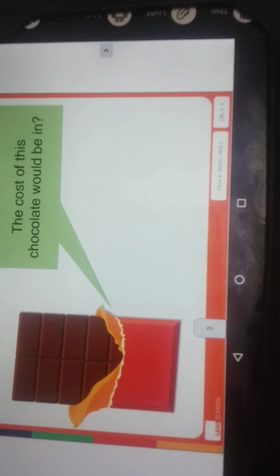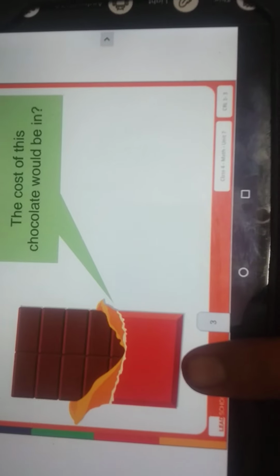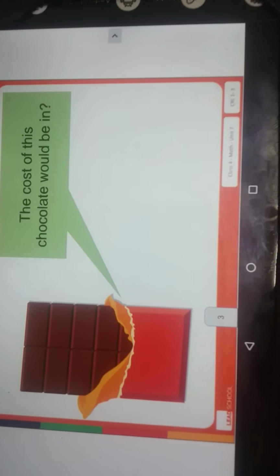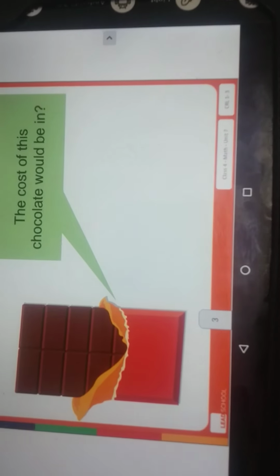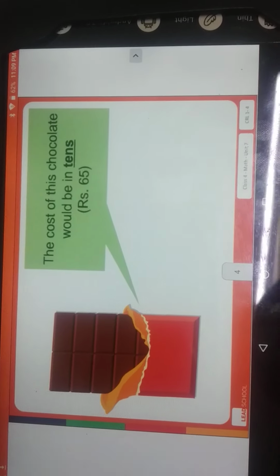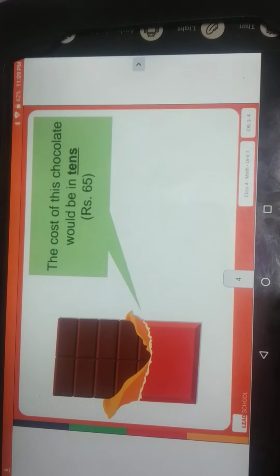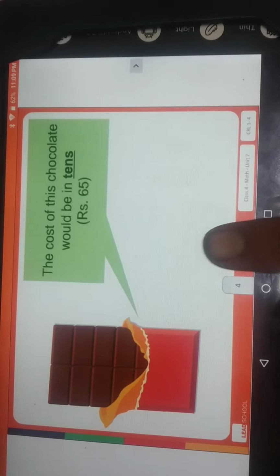The cost of this one is chocolates, right? So the cost of this chocolate would be in. ठीक है, हमें चॉकलेट्स की कॉस्ट कितनी है वो हमें फाइंड करना है. So would be in the tens rupees.